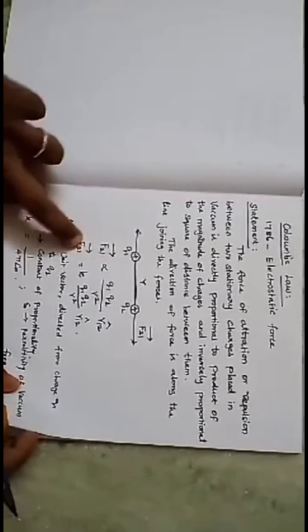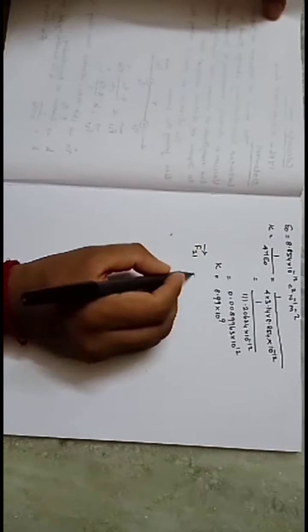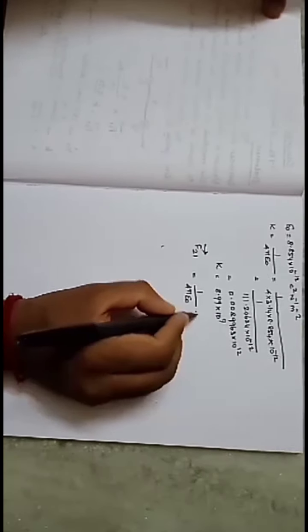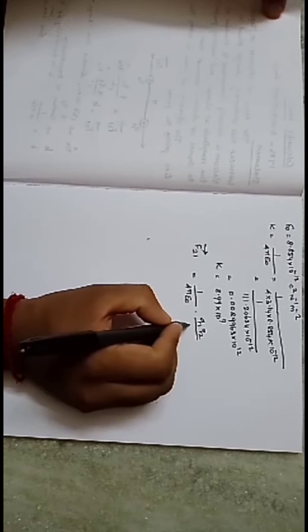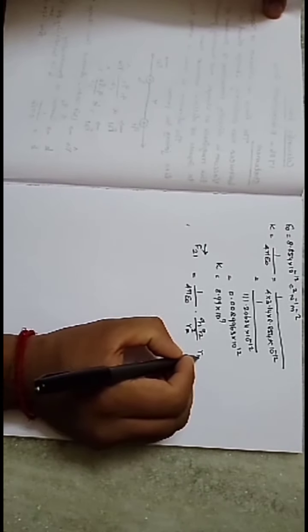So this formula can be written as F21 is equal to 1 divided by 4 pi epsilon naught into q1 q2 divided by r square R12 cap. This is the formula for the final value of the force of repulsion between the charges.